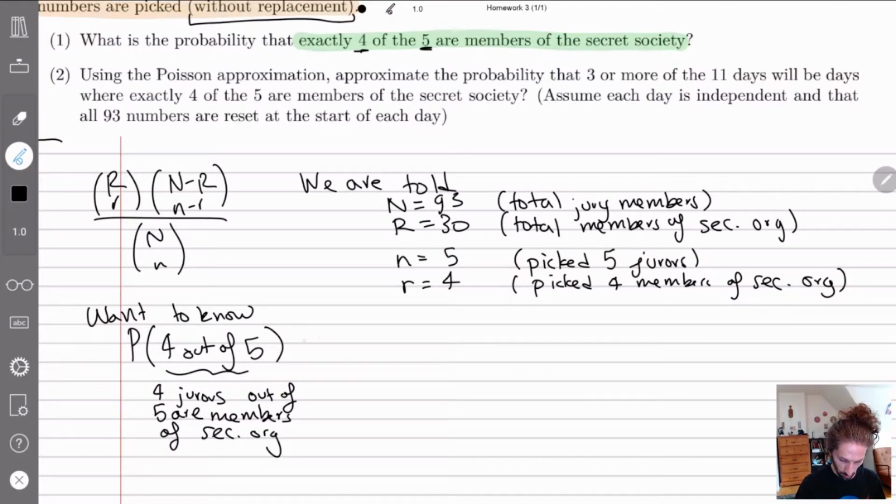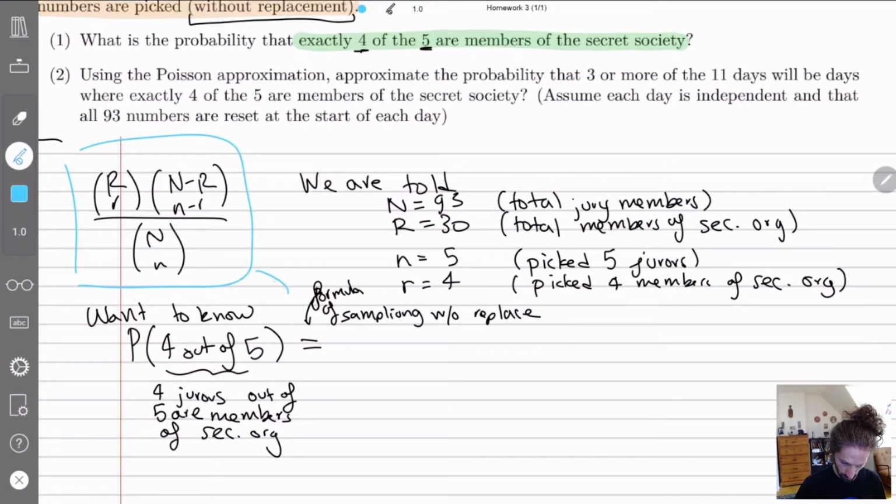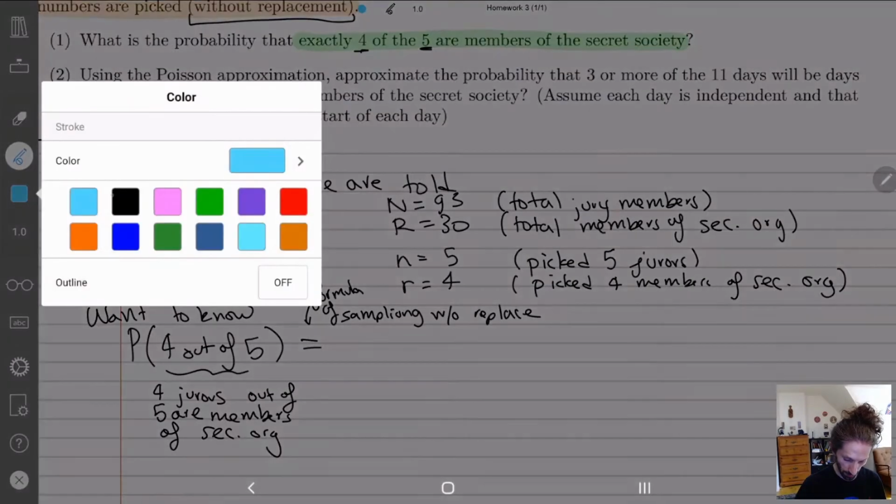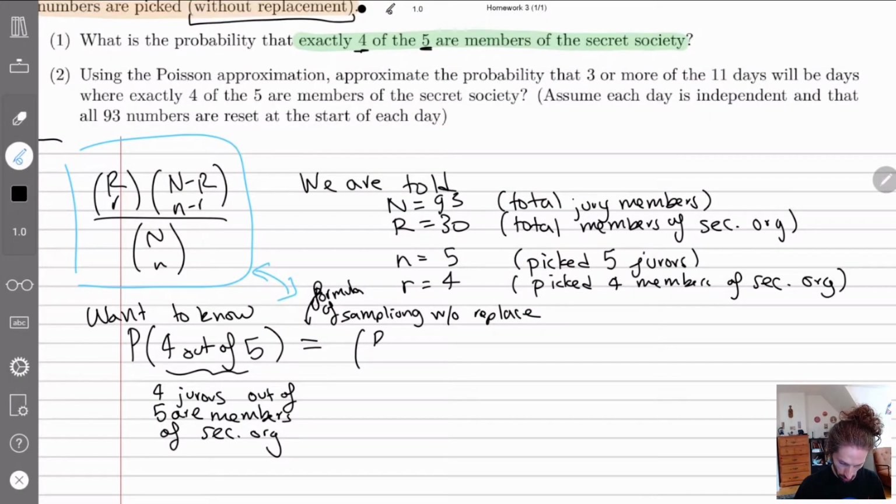So what is this equal to? This is just the formula of sampling without replacement, which is given by this one here. So here what we have is R choose r, n minus R choose n minus r, divided by n choose n.